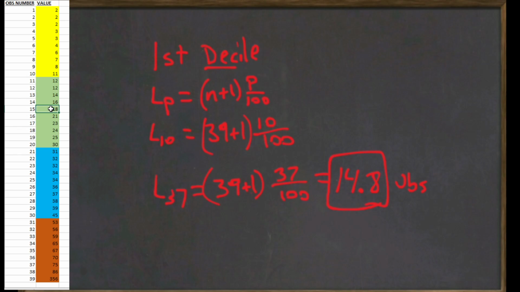Now, similarly to the median, sometimes we fall in between values. So in a median with even numbers, we're looking for, for instance, the 20th and a half observation. Here we want the 14.8, so it's somewhere in between the 14th and 15th.